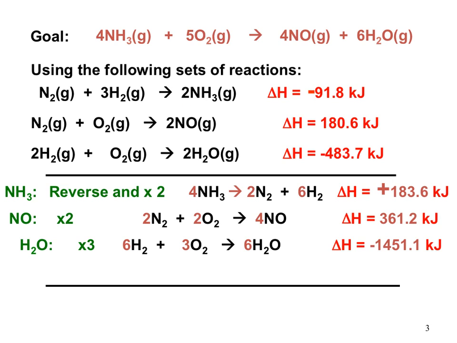So all of the coefficients here are going to be doubled, as well as the delta H value. So if we look at what we've done here, we've doubled the coefficients. Okay, so we've multiplied everything by 2, and we've also flipped it. Notice it's the reverse reaction of what we have here. So if we come over here to our delta H value, we will notice that our sign is now positive, and we've doubled the value of the delta H.